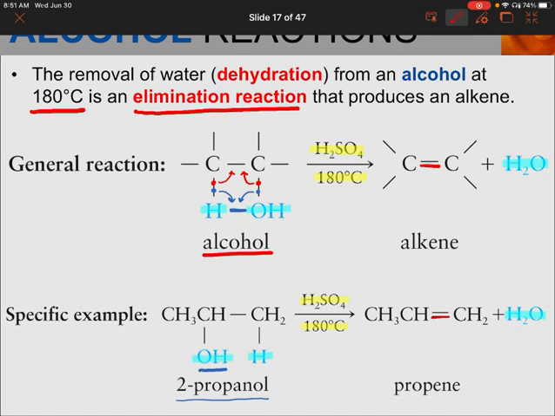So we end up with the molecule propene. Now in this example, the alcohol was symmetrical. So you could have also taken a hydrogen from the carbon on the left and you would have ended up with the same product. But what happens if you have an asymmetrical molecule?